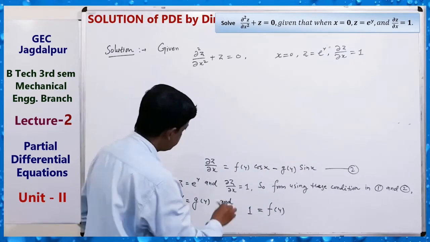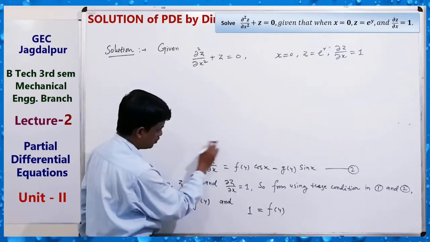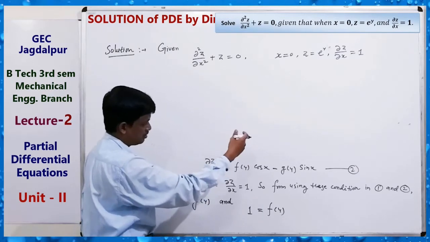So here z equals to was what? f(y) sin x.